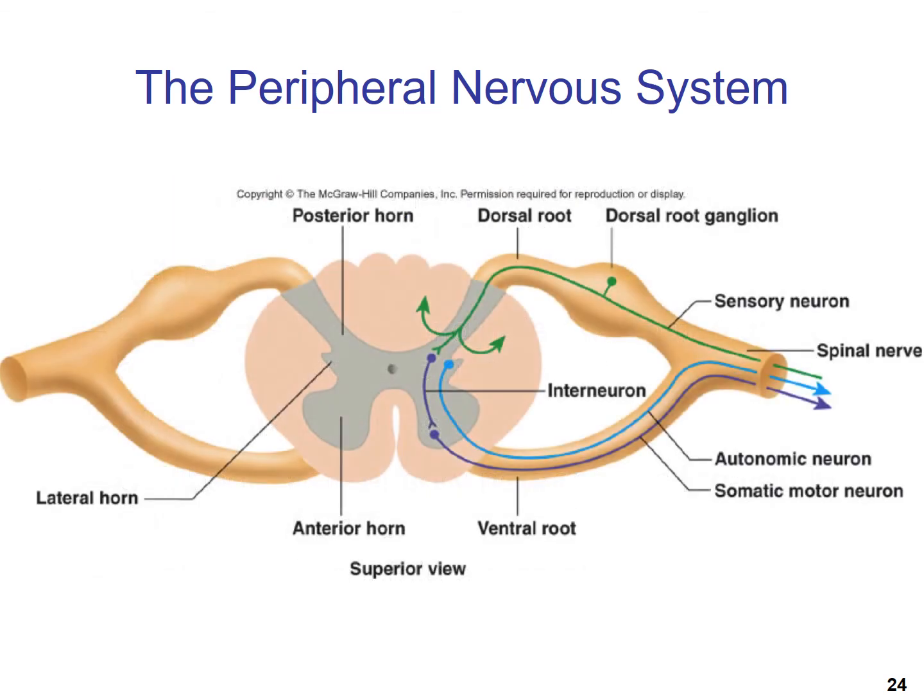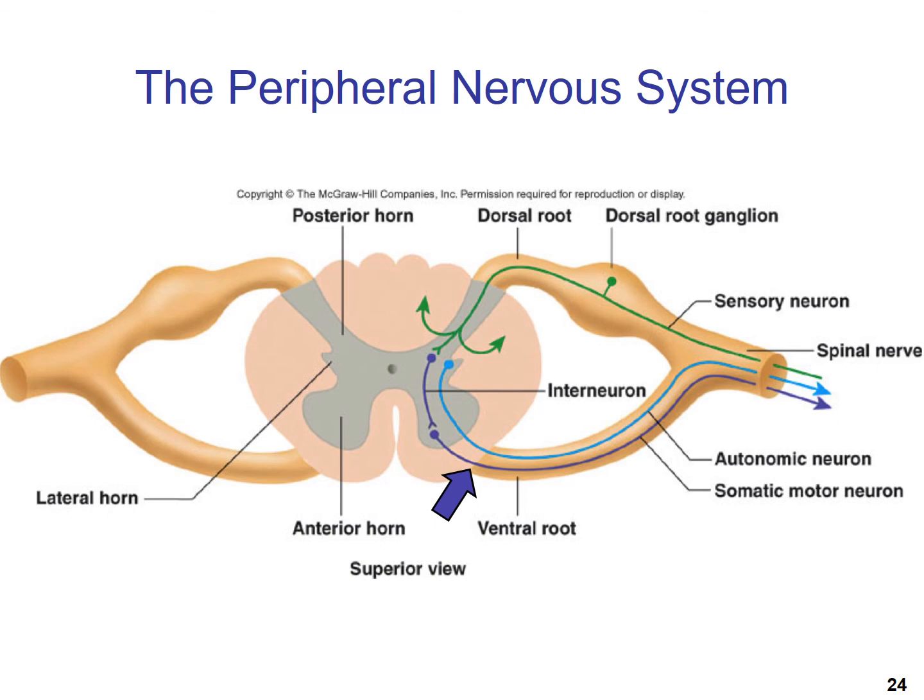So let's take a look at this diagram here. Let me just point some things out. This is a ventral root. The ventral root is going to contain motor neurons for both somatic and autonomic neurons. The somatic motor neurons are directing voluntary movement of your skeletal muscles.